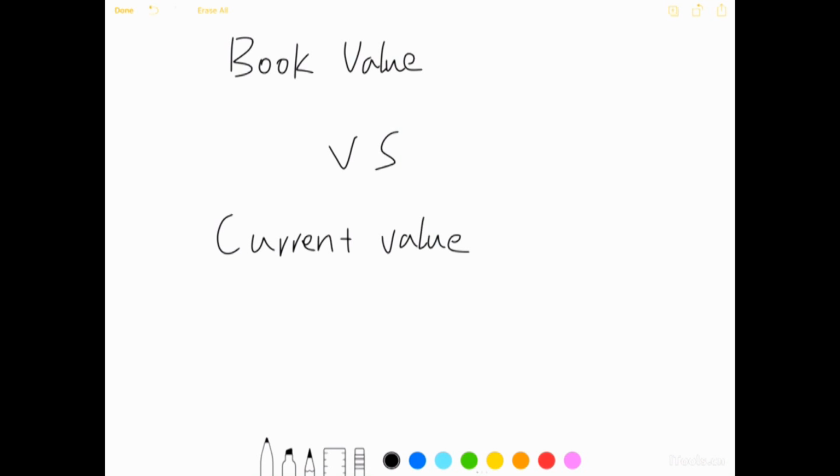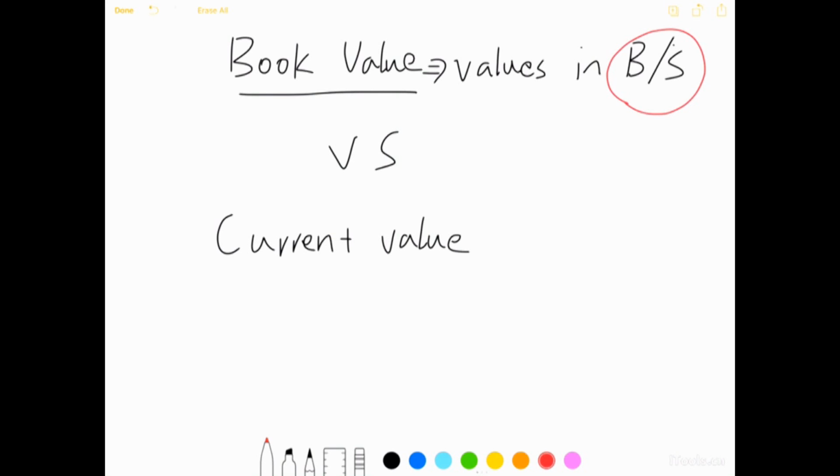The book value of a business is the value in the balance sheet. In that case, we talked about before, it is $1,770.